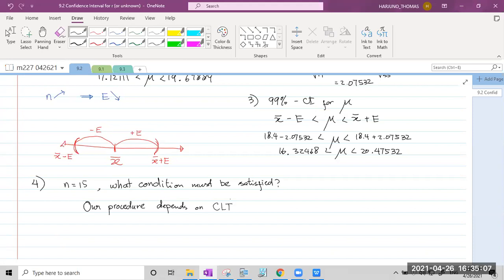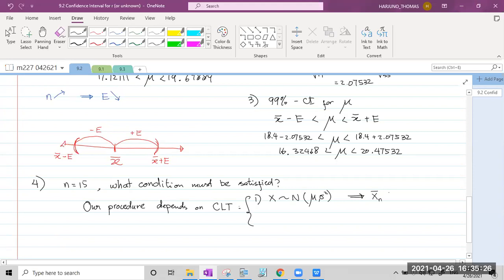If the sigma is unknown, what is that? Central limit theorem is the theorem that says that if the underlying distribution is normal with the mean mu and variance sigma squared, then the sampling distribution of the sample mean of size n will also be normally distributed with the same mean and the same variance divided by sample size.